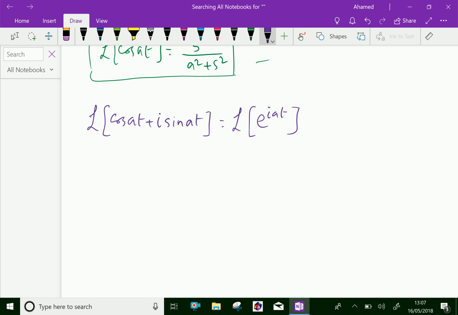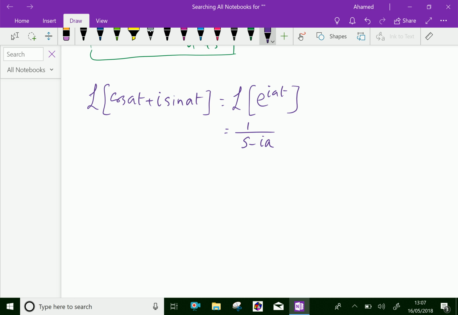Now here we know that Laplace transformation of e power iat equals 1 over s minus ia. Now write 1 over s minus ia and multiply up and down by its conjugate, s plus ia over s plus ia.